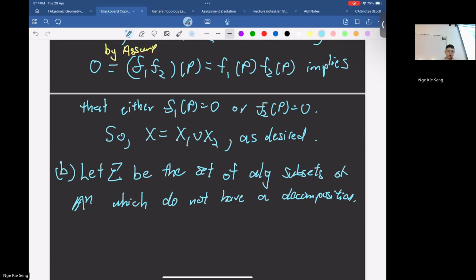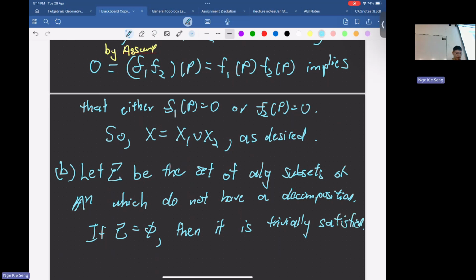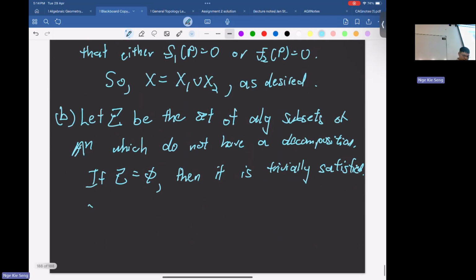If this set is empty, there's nothing to talk about. There's no uniqueness you can discuss. On the other hand, if there's something there, we're going to show that it should have a decomposition.